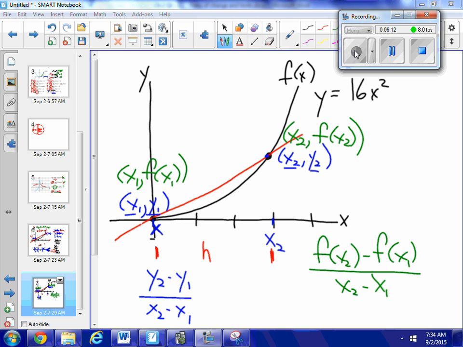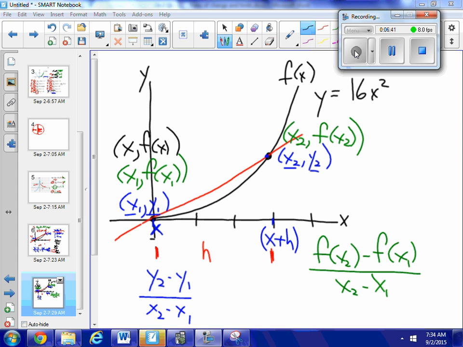And this is no longer x sub 2. This is plain old ordinary x plus the distance h. That's what that point is. So now I'm going to change my labels on the points. This point right here is going to be the point x, comma, f of x.